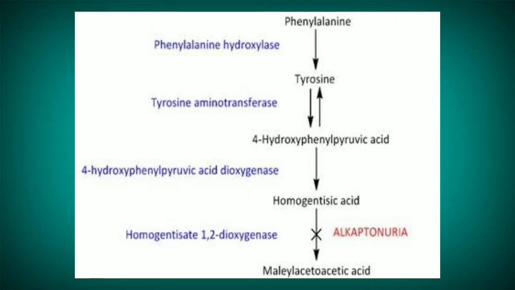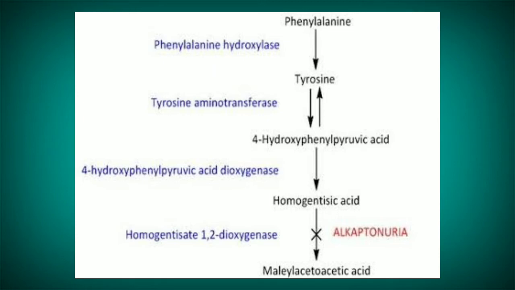Now this homogentisic acid needs to be converted to maleylacetoacetic acid for its normal metabolic pathway, and that takes place with the help of the enzyme homogentisate 1,2-dioxygenase, which we commonly call the oxidase enzyme.